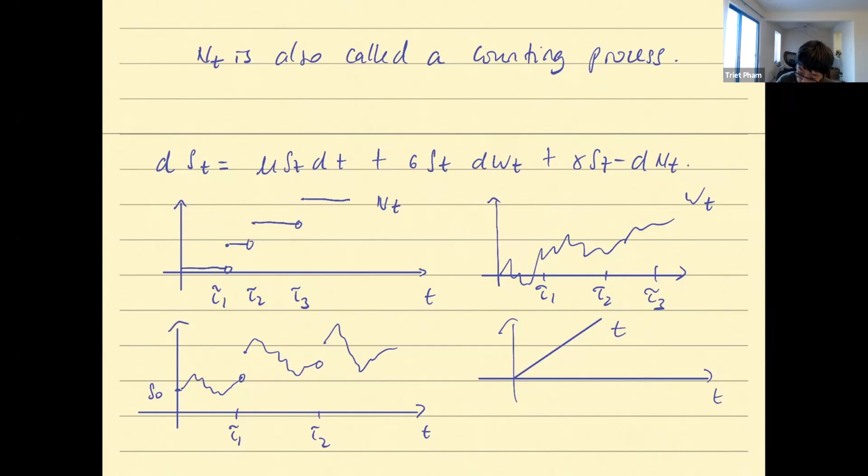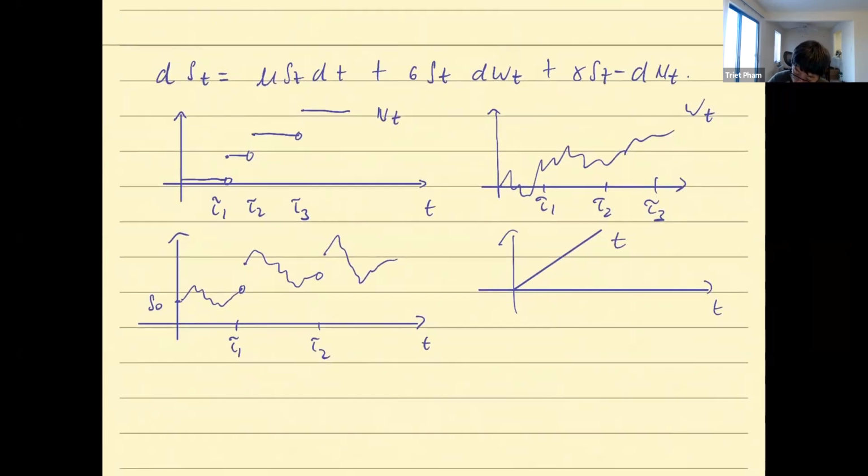So in between the taus, it moves as if there's no jump. Then what you have is this.